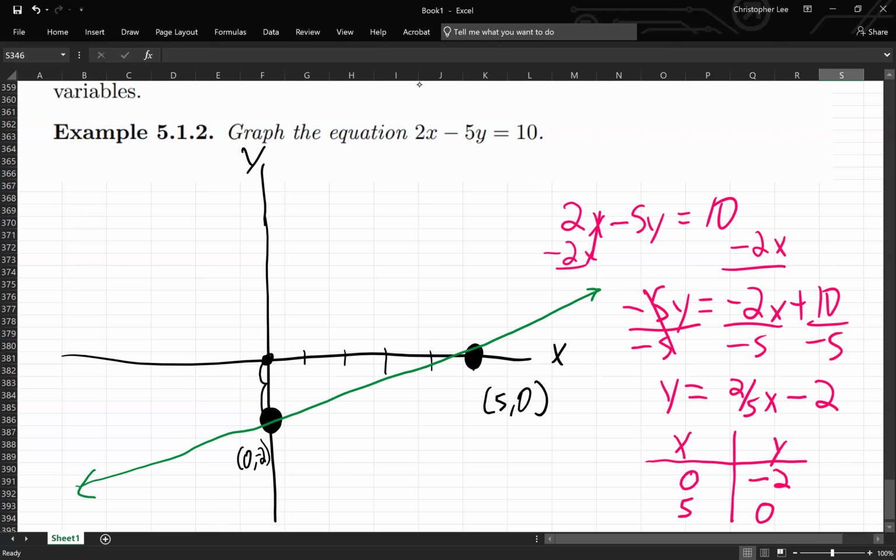Every point on this graph is a solution to the equation. Questions on this? Just solve for y, and then just plug in two points.